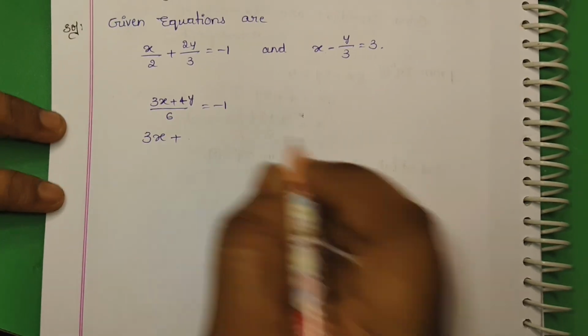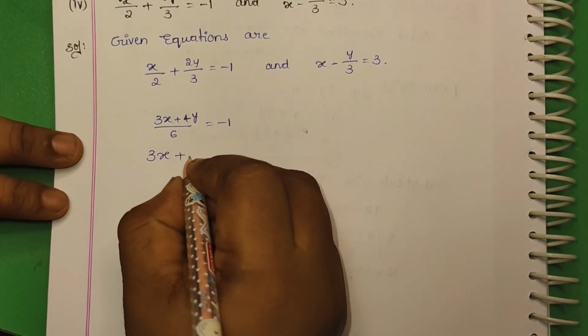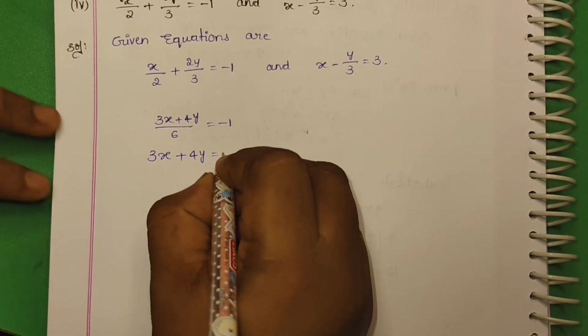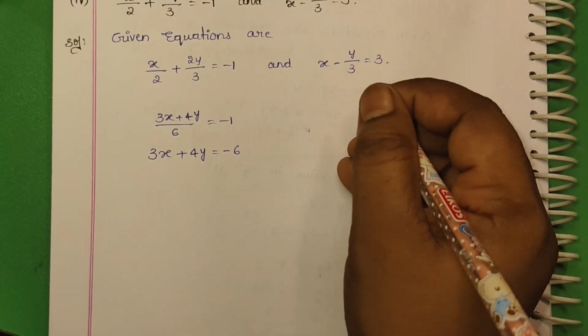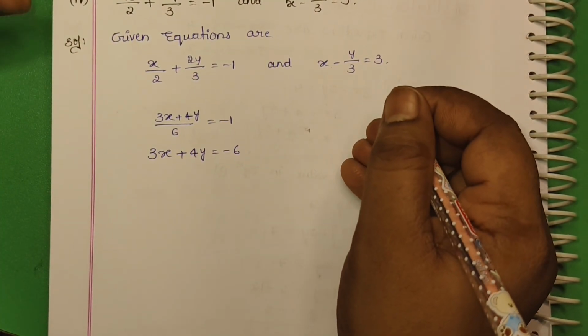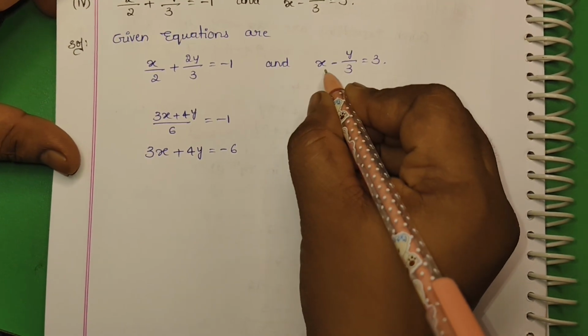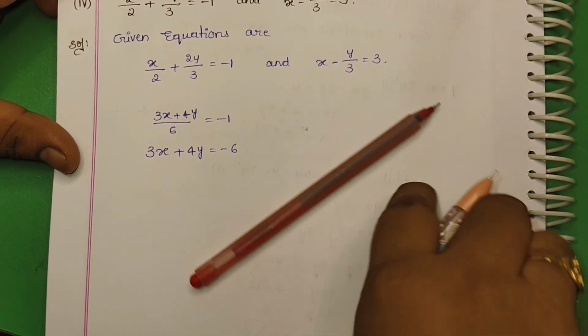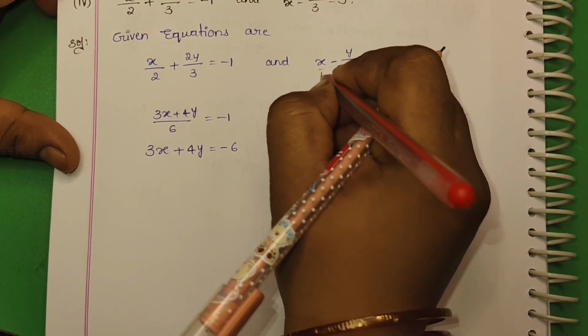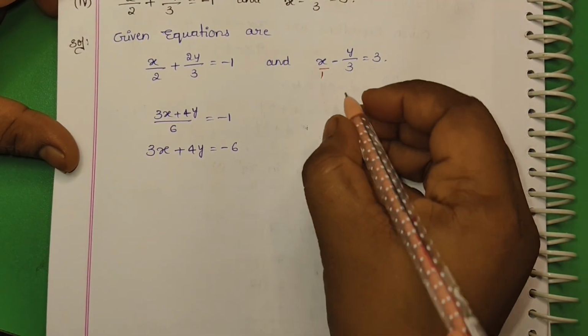Simply cross multiplication: 3 into x, 3x, plus 2 into 2y, 4y, by 6 is equal to minus 1. Here 6 in the denominator is in division; if we transpose it to the right hand side, it is in multiplication: minus 1 into 6 is minus 6. So this is equation number 1.